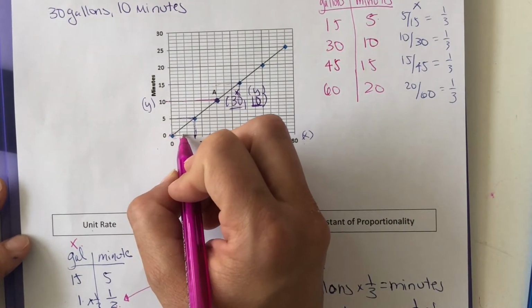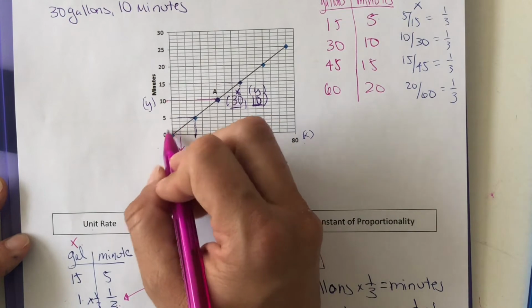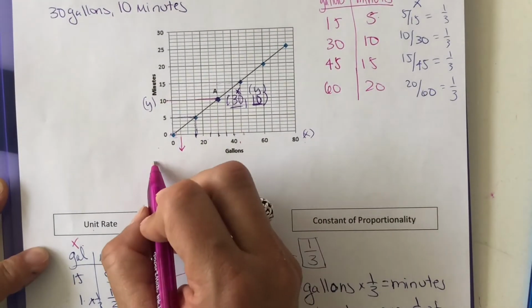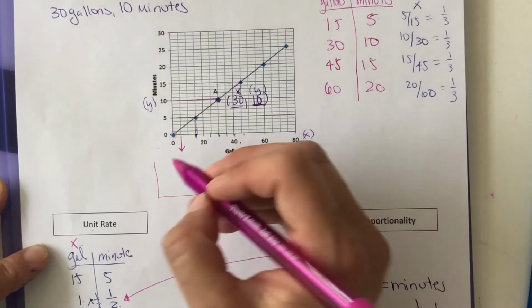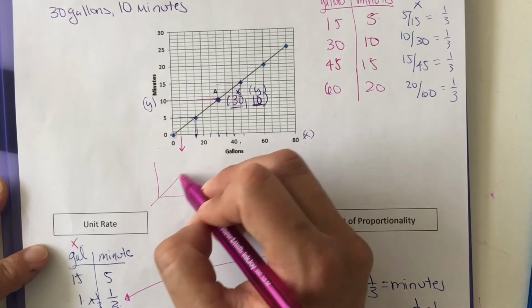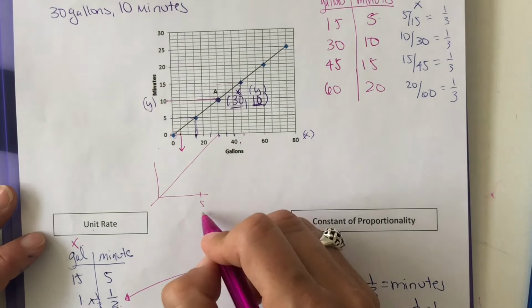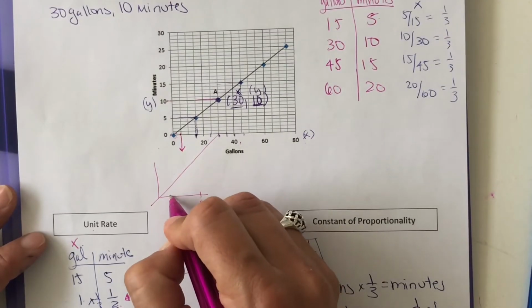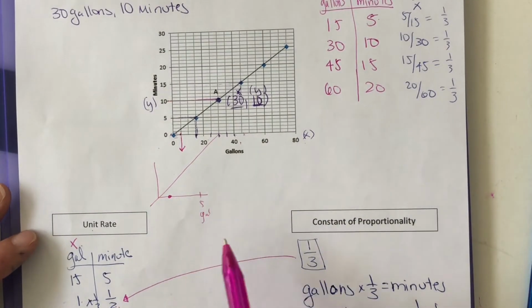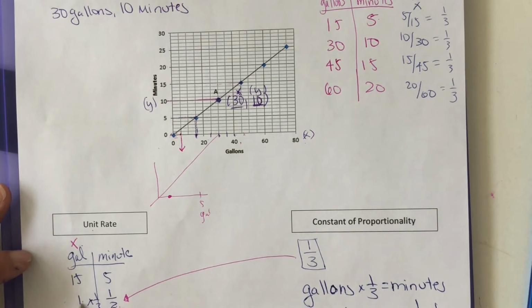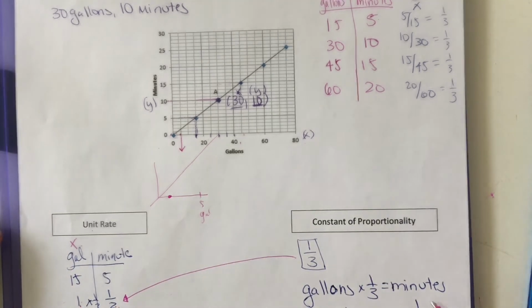So actually on this graph, I'm going to have a hard time actually pinpointing the location, but I can use what I know about the unit rate and the constant of proportionality to tell where that point's going to be. So here's my 5 gallons, but I'm concerned about here where 1 gallon is. Well, we know from here that when the input is 1, the output is 1/3 based on our table and what we know about the unit rate.